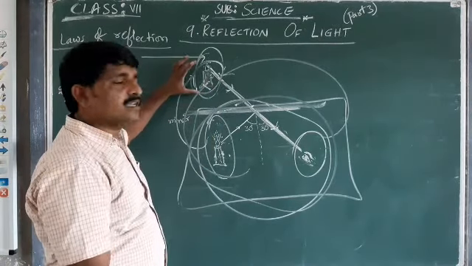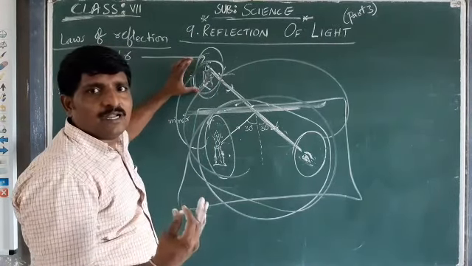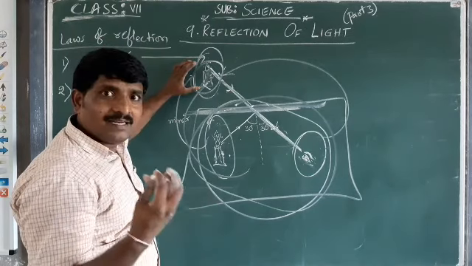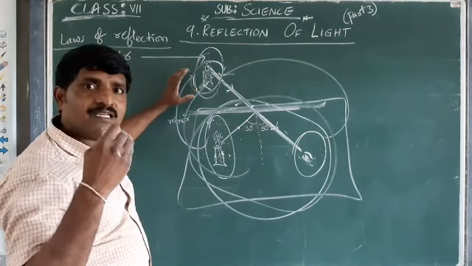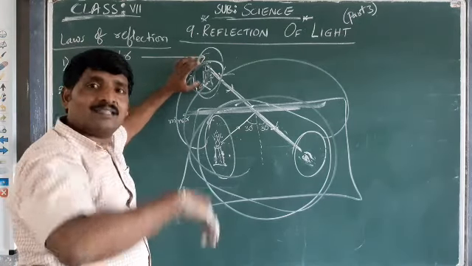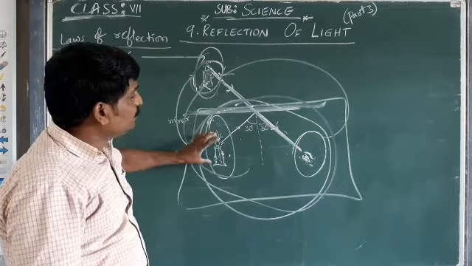We will discuss how the images are formed. I hope you understood that. Observing or feeling the presence of one more candle at the other side of the mirror is due to reflection.